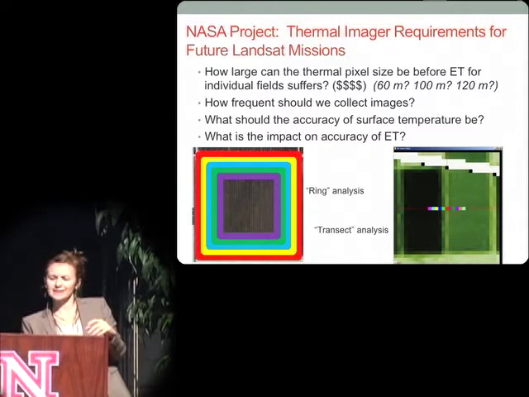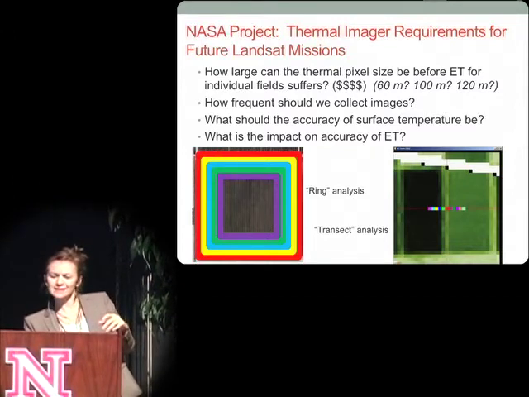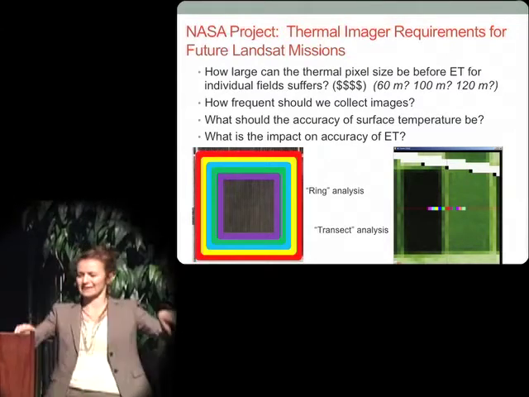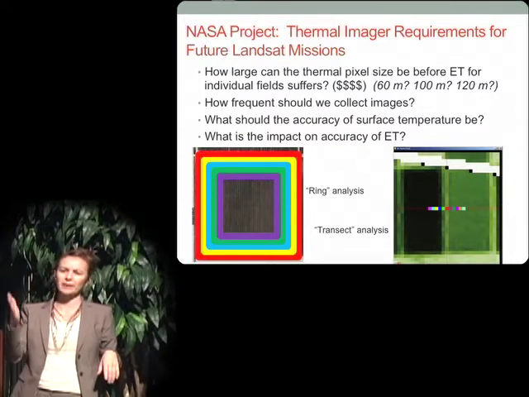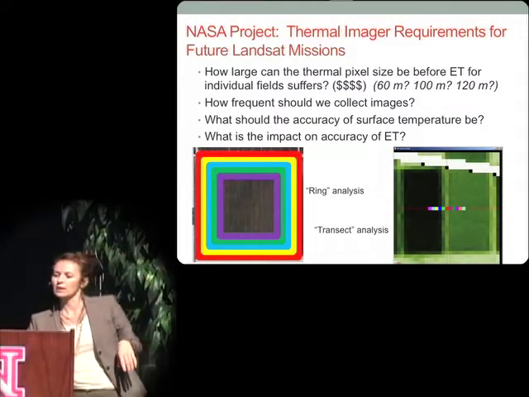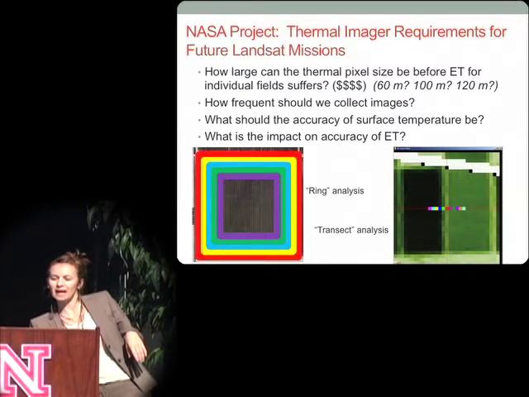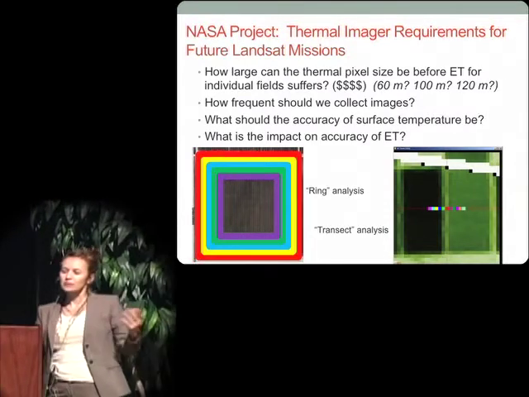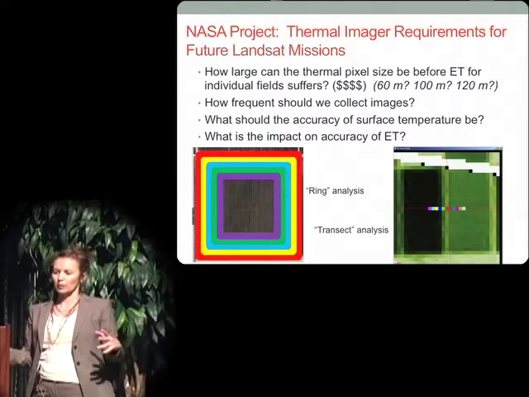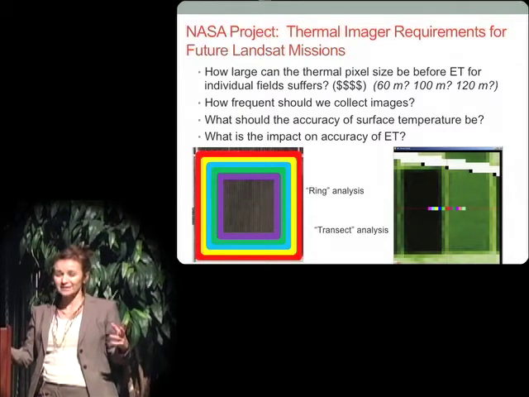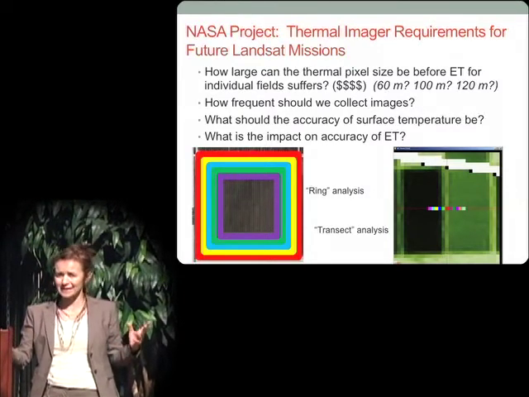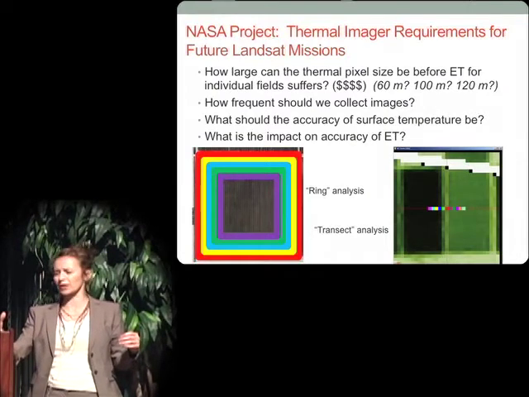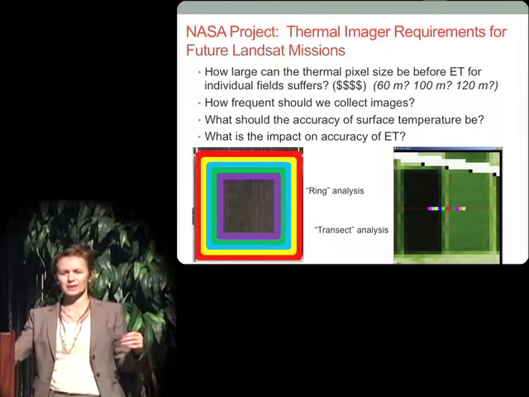For instance, the Landsat 7, we had the 60 meter pixel size. Again, we're all talking about thermal. Thermal is the one in the discussion. And so the Landsat 8 is 100 meter, should we make it 60 or 100? Just 120 or 360? How good is the 60 meter versus 100 meter?